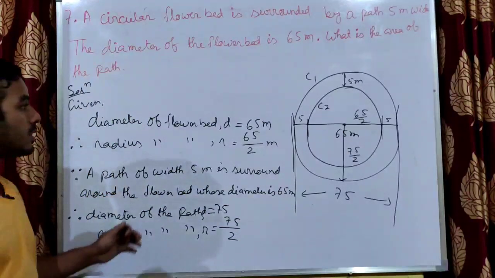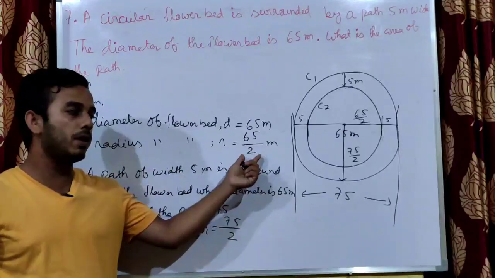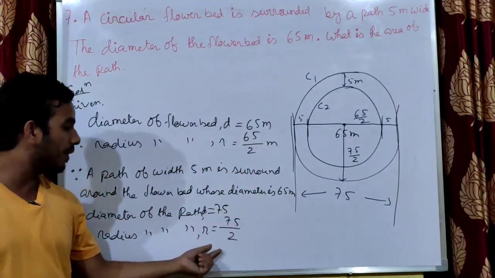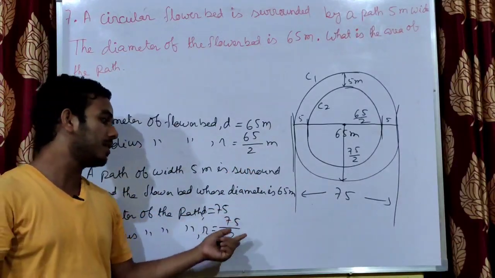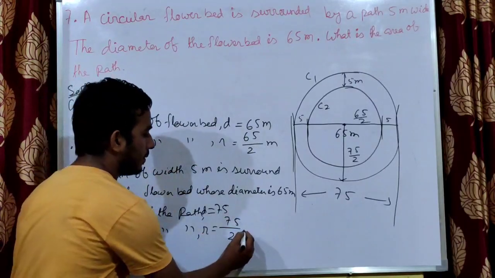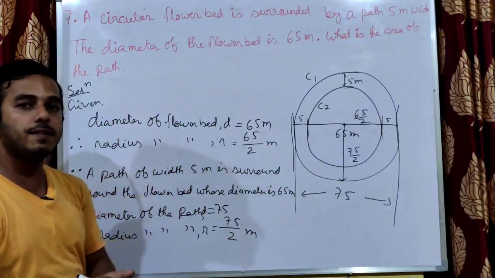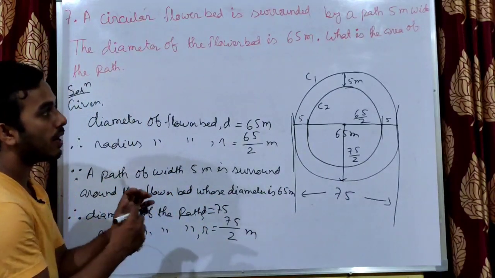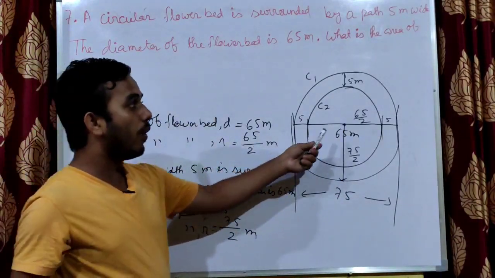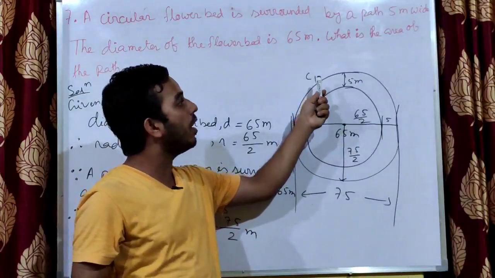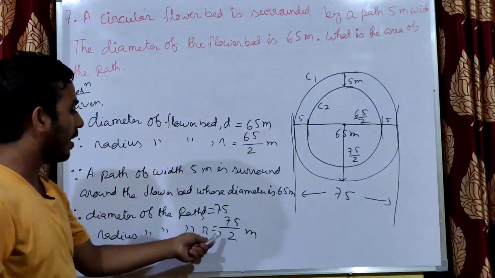So we have radius of the flower bed 65 by 2 and radius of the path 75 by 2 meter. So now what we will find? We will find area of the path. How will you find area of the path? We will subtract area of flower bed from area of the path with flower bed.